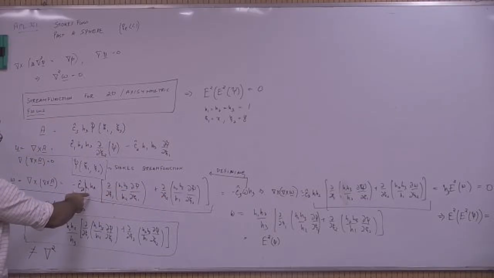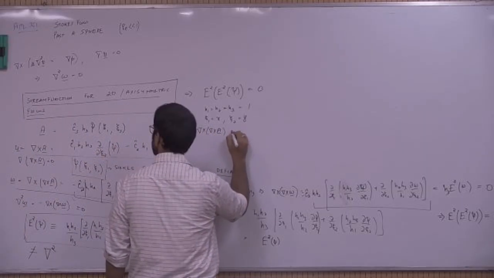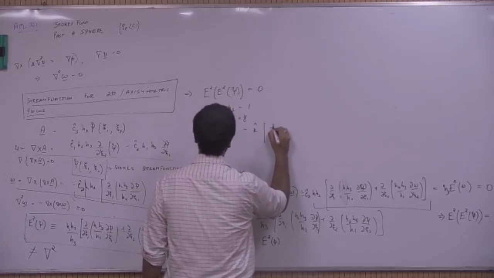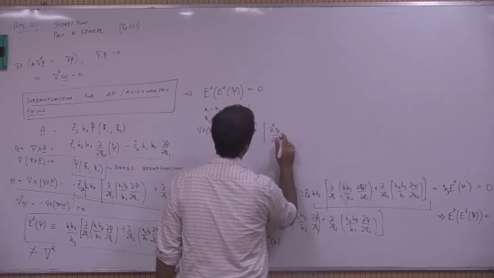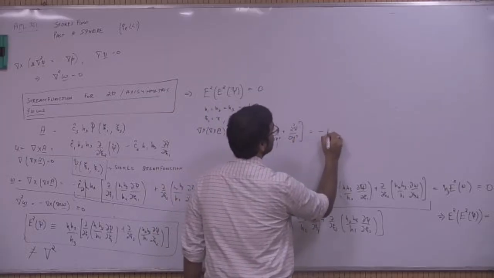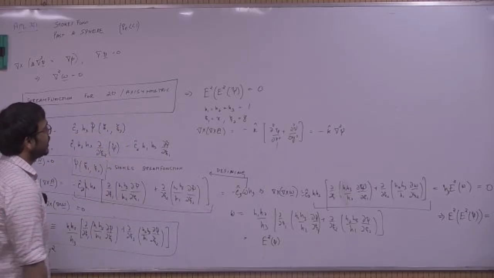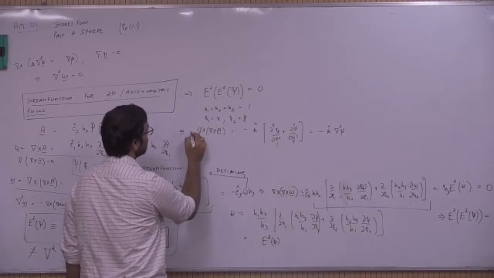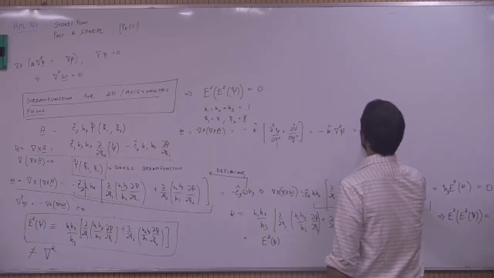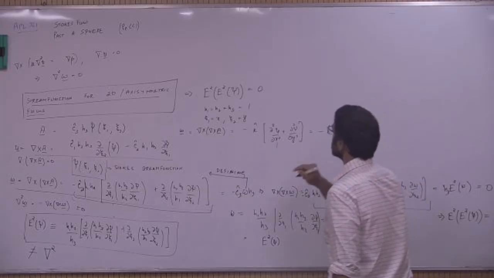So del cross A simply comes out to be minus k cap times del square psi over del x square plus del square psi over del y square, which is nothing but the Laplacian of psi. Then del cross, so this is omega, again h3 is 1, so this is nothing but minus omega k cap. So omega is del square psi.